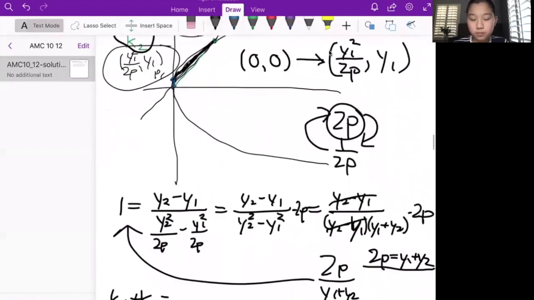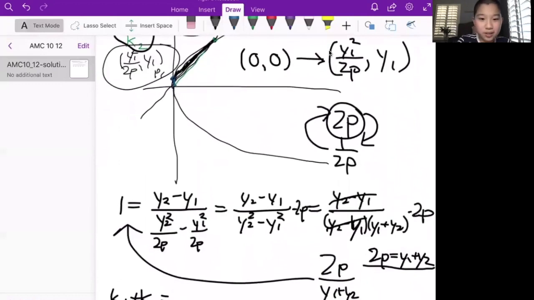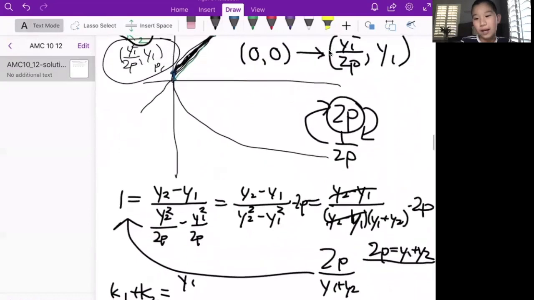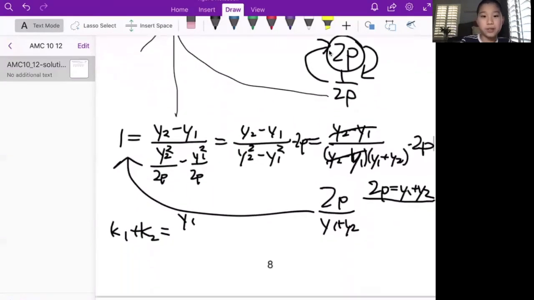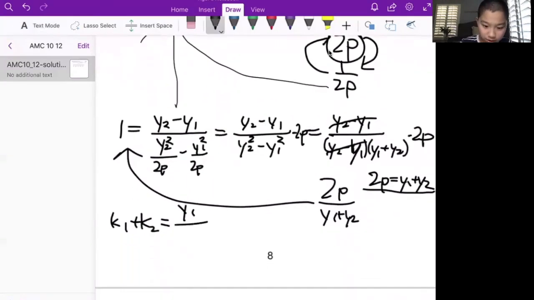So the slope is just y1 minus 0, which is y1, over y1 squared over 2p minus 0, which is y1 squared over 2p. And then we can do the same thing for k2, just replace all the y1s with y2s: y2 over y2 squared over 2p.